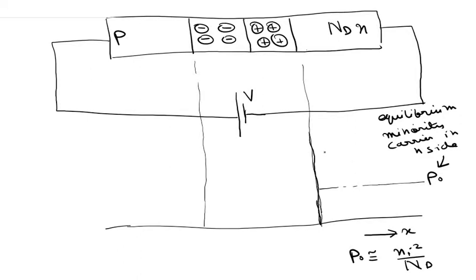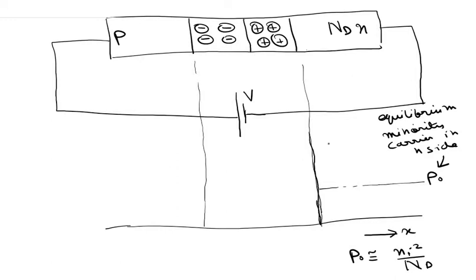Okay, now I repeat again that due to the application of the external forward bias voltage source, the rate of diffusion of holes from the P side to the N side has increased. This builds up some excess minority carrier concentration at the N side, that is, excess holes in the N side.